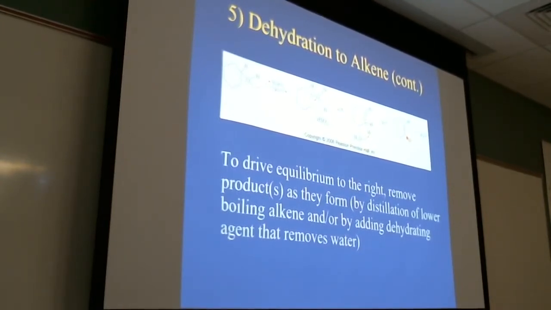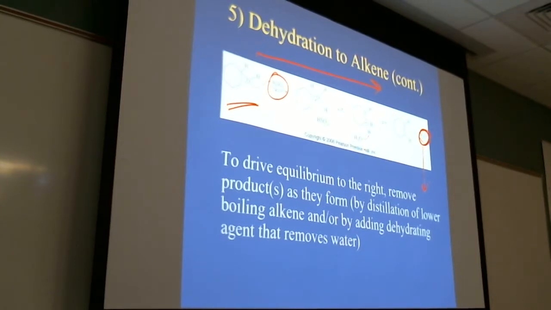These are reverse reactions. What controls whether we're going mostly to the right or mostly to the left is the amount of water that you have. If I start with an alcohol in acid, I try to have fairly dry conditions. As soon as any water forms, I remove it. Then I'm going to drive the equilibrium to the right.